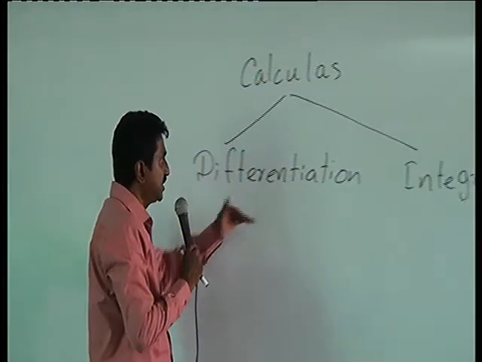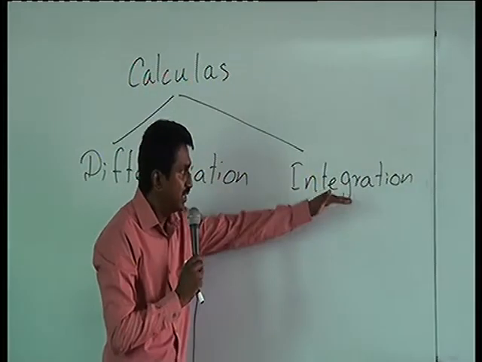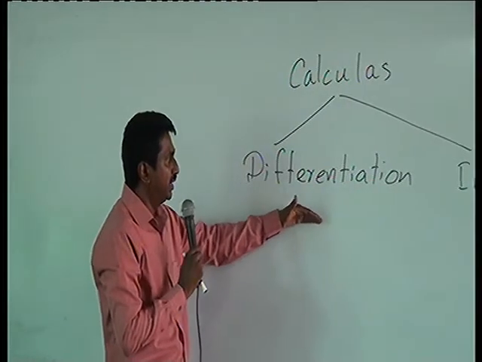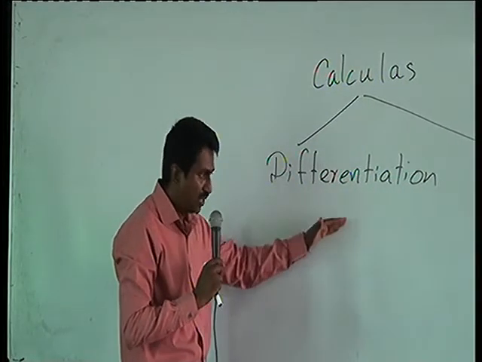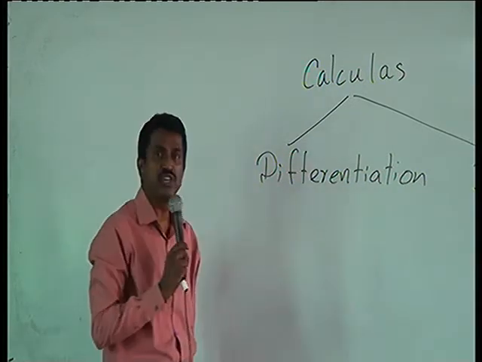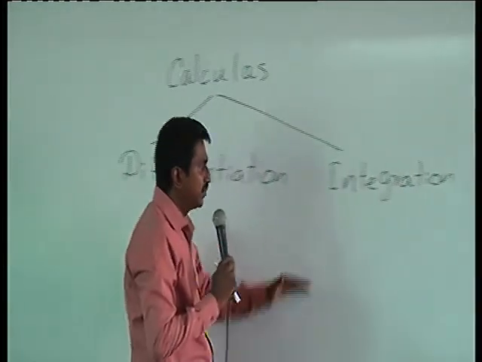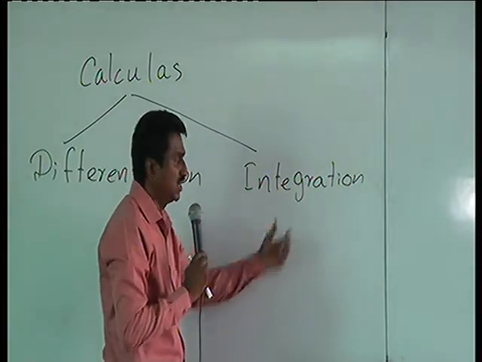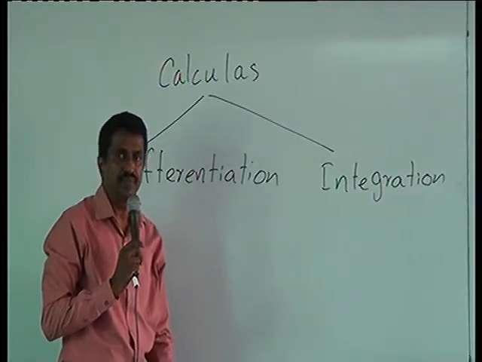Basically, we first learn what is differentiation and what is integration. Then we learn how to calculate the marginal cost, marginal revenue and marginal profit from differentiation. Secondly, we calculate the total cost and total revenue by using integration functions.